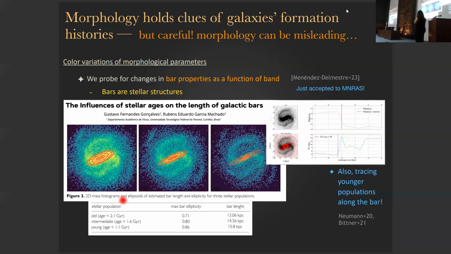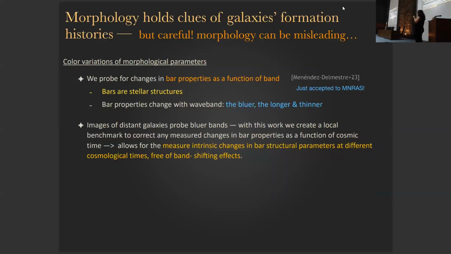It shows that when you look only at the old stars, you see slightly shorter, broader bars. When you compare to the younger stars, you see thinner ones. So this is not only the way that we measure things, but is also associated with the kind of populations that we're looking at. So beware.